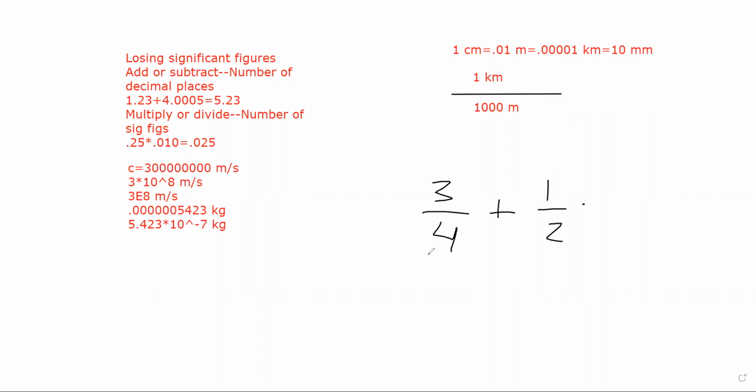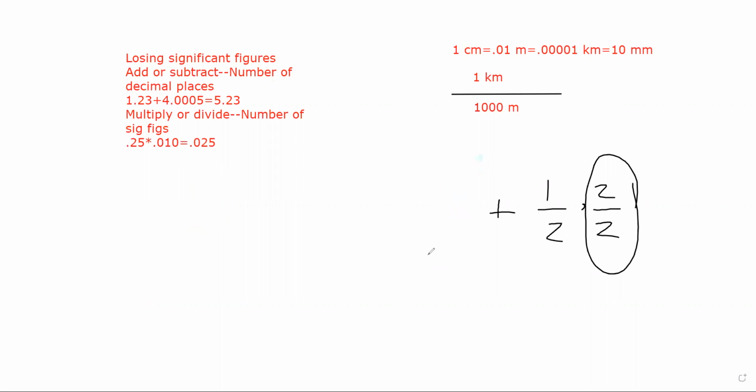I would have to multiply 1/2 by 2/2 in order to make the denominators the same. Well, 2/2 simplifies to 1. So I could do that because I wasn't breaking the laws of math. I multiply by 1.